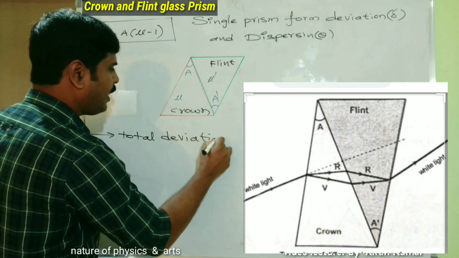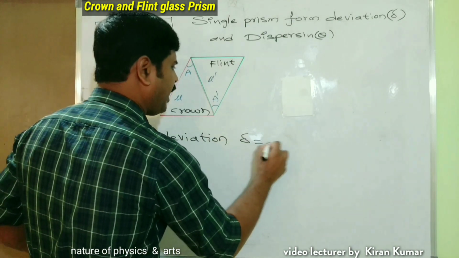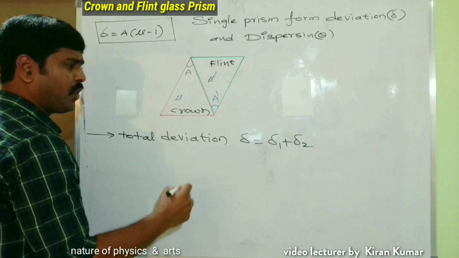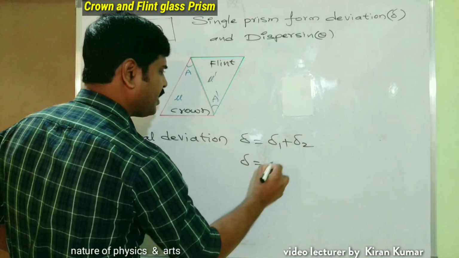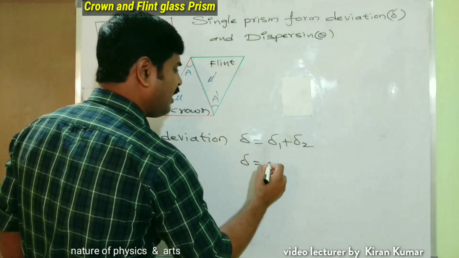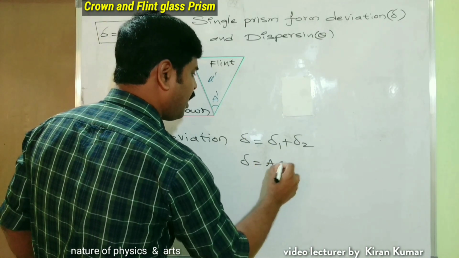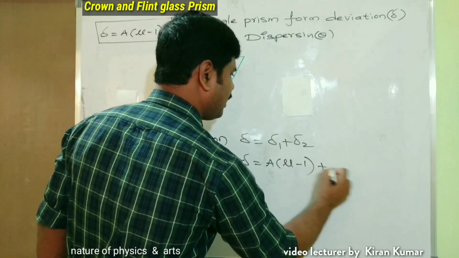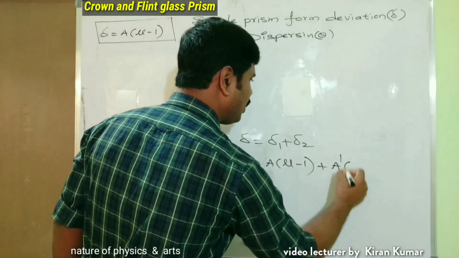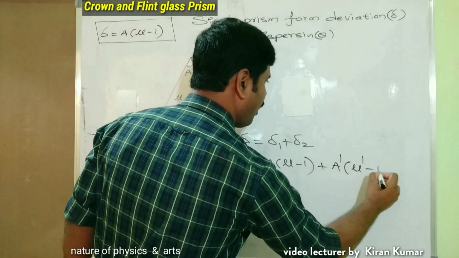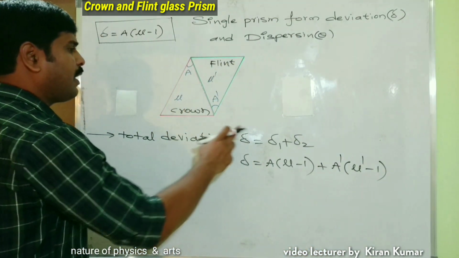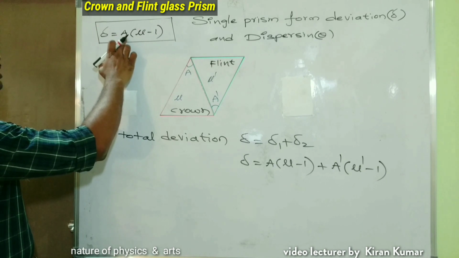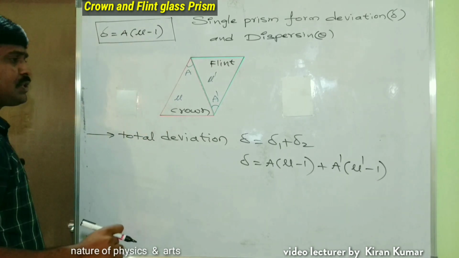So total deviation del is equal to del 1 plus del 2. Okay, so del is equal to del 1, which we can write as A into mu minus 1, plus del 2, whose value is A dash into mu dash minus 1. Try to understand from the given relation del is equal to A of mu minus 1.